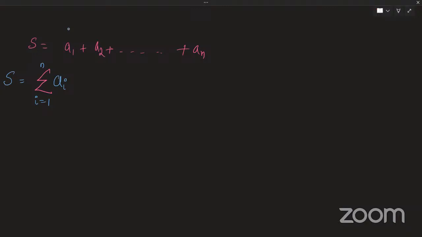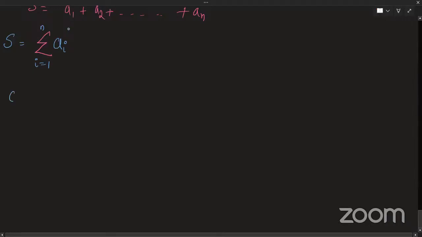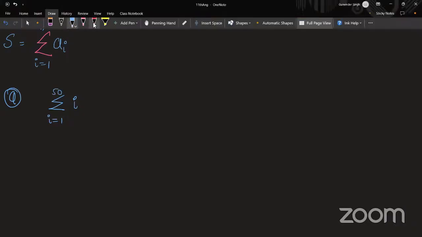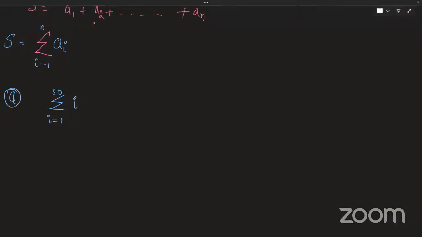Fine. Just one small question: can you help me find the value of sigma I from 1 to 50? Can you first of all understand what this means? What am I asking you to calculate? Sum of the first 50 terms.